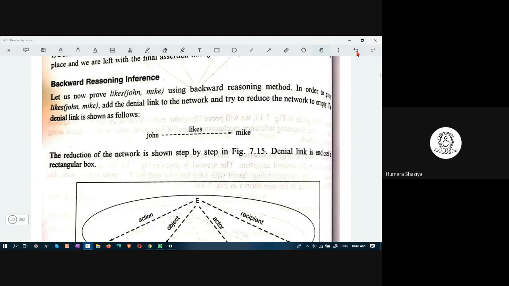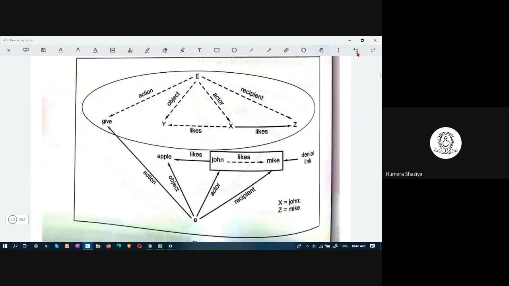Backward reasoning inference is, here we have to prove John likes Mike. This query is given, and we start with this query. How do we start with this query? By using the denial line, the contradiction, this dashed line here.